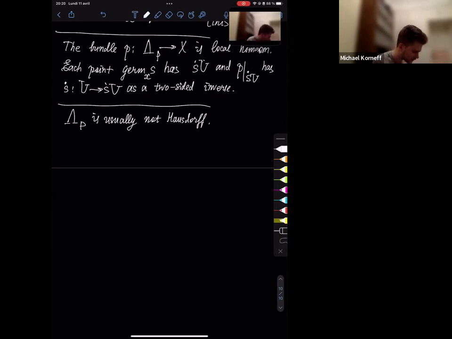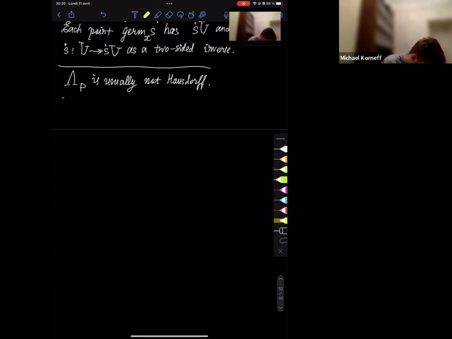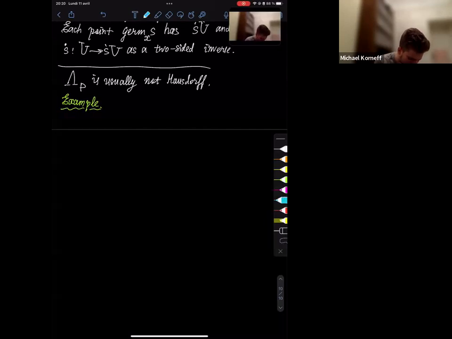And the example of this situation, we can illustrate this by means of this example.